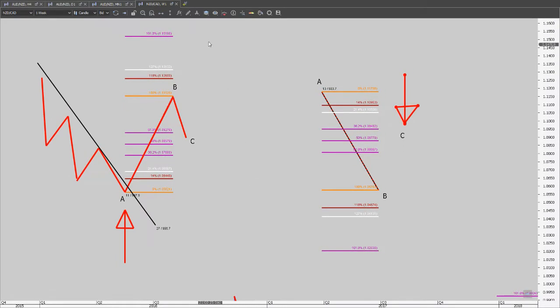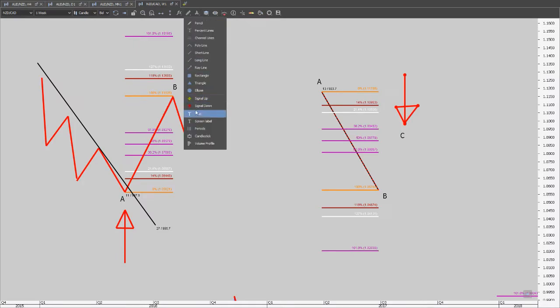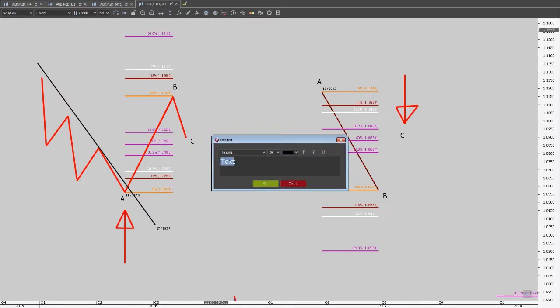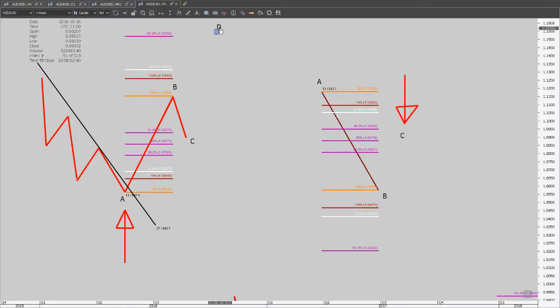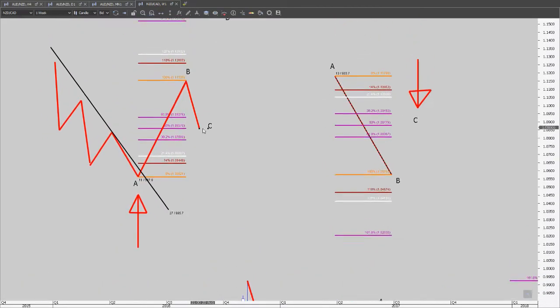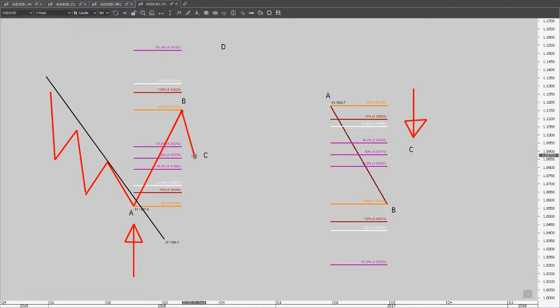right? And finally, where is the D? Well, the D is the appropriate extension regarding to the C. If the C retraces to green, or pink, in this example purple, the extension is going to be pink. If the C retraces to the white, the extension is going to be white.